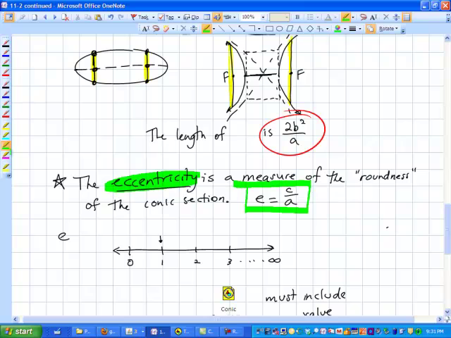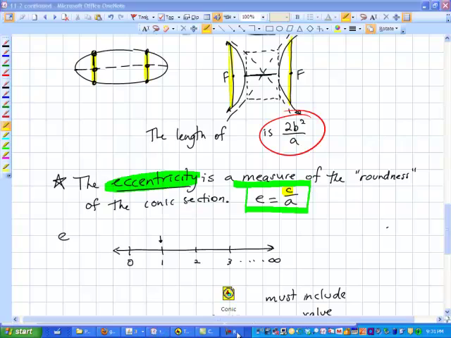It always falls under this definition: the eccentricity is a ratio, the distance from the center to the focus, that's the letter C, divided by the major axis length, or in this case the semi-major axis length, or the transverse axis length.